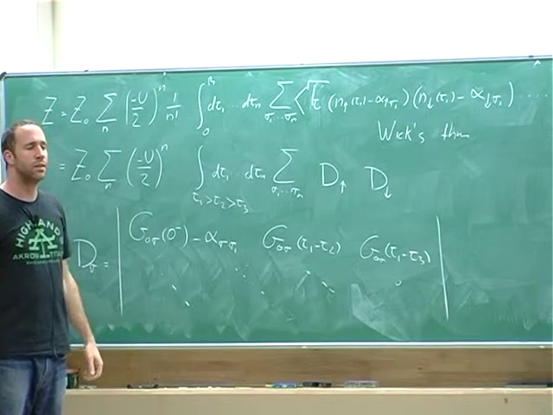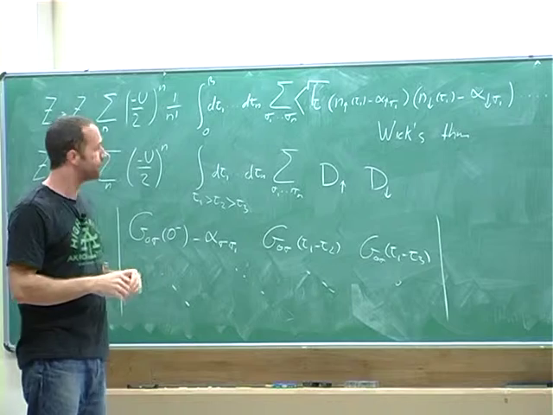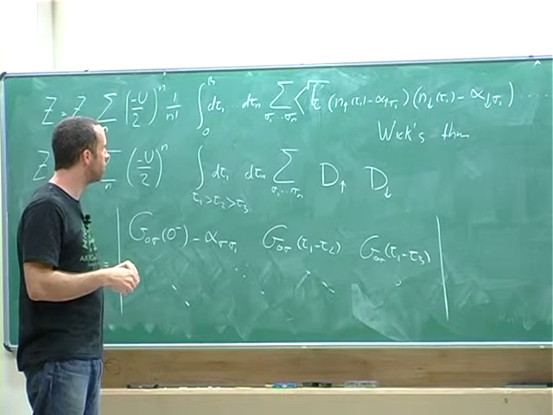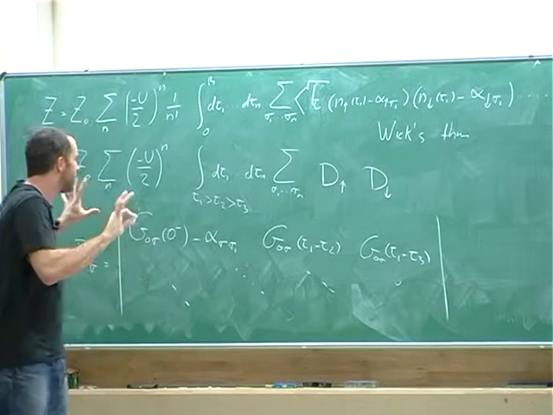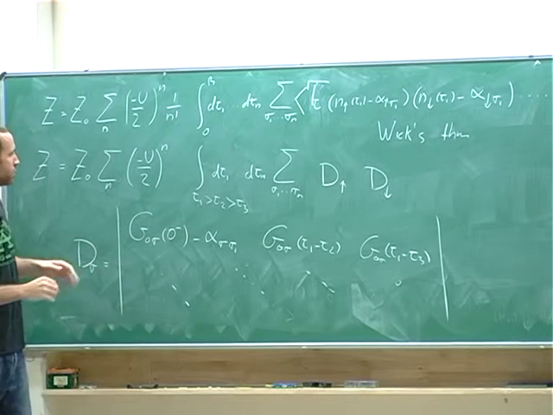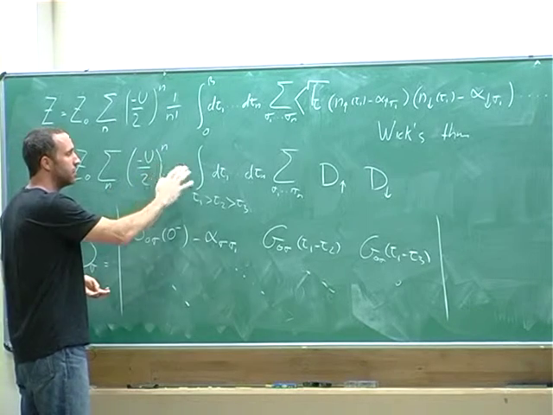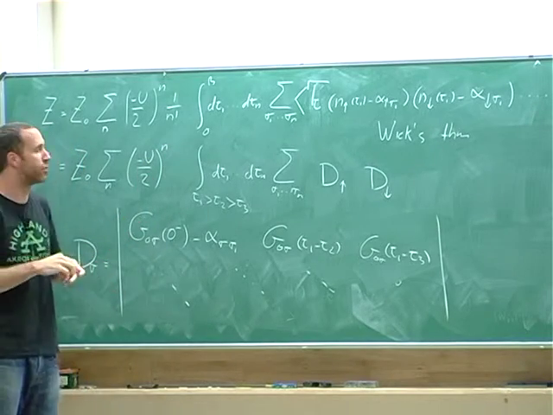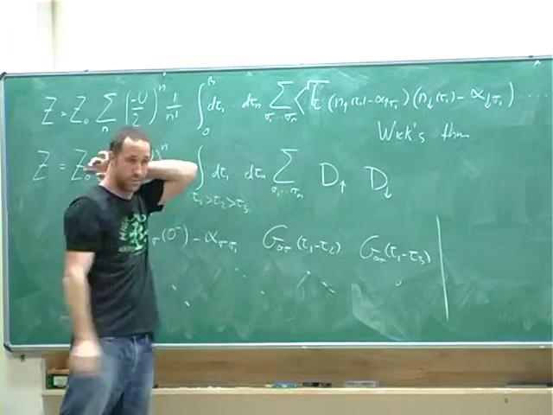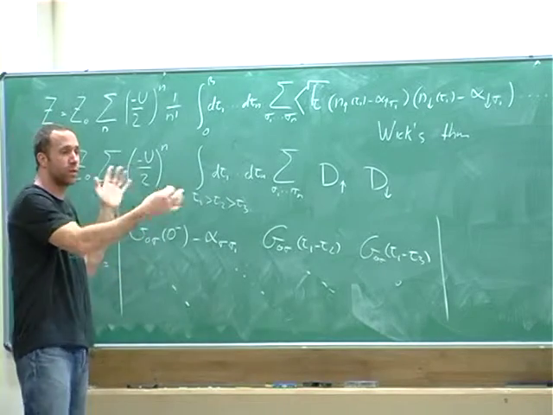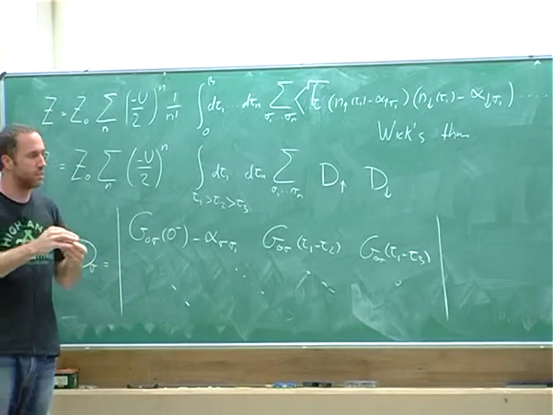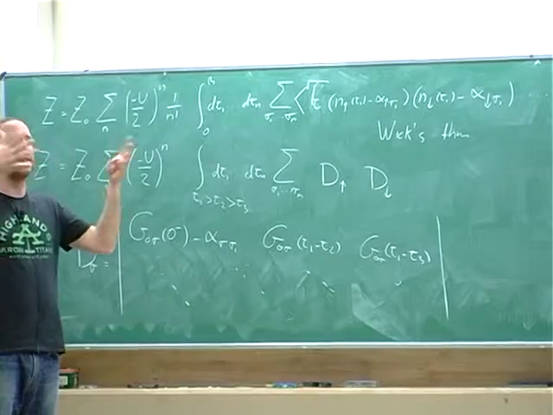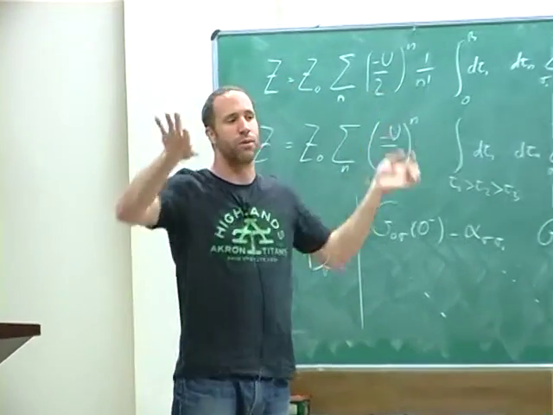I'm just trying to compare it to the Hirsch-Fye. You also make slices, but slices are in beta. In Hirsch-Fye, in a certain sense, even though it's not really the same thing, you have slices and somehow n is fixed. So the number of auxiliary spins is fixed. But here there's no constraint. So it's a little bit like doing Hirsch-Fye, but letting these things move where they want.